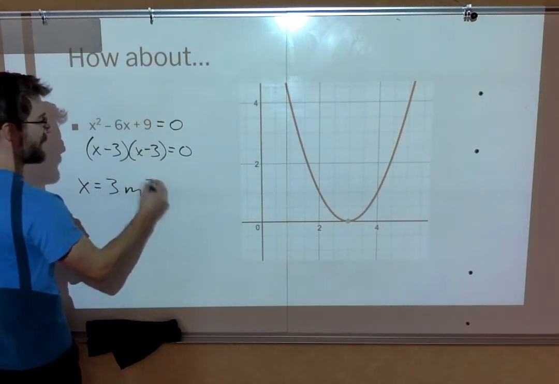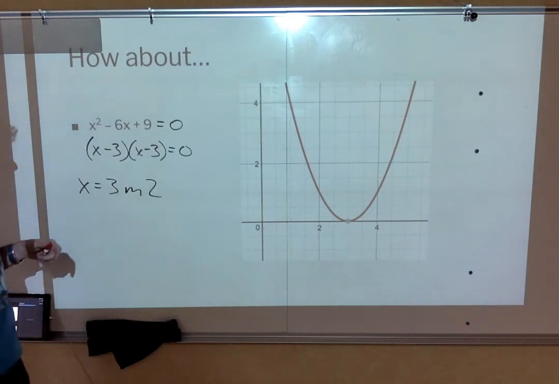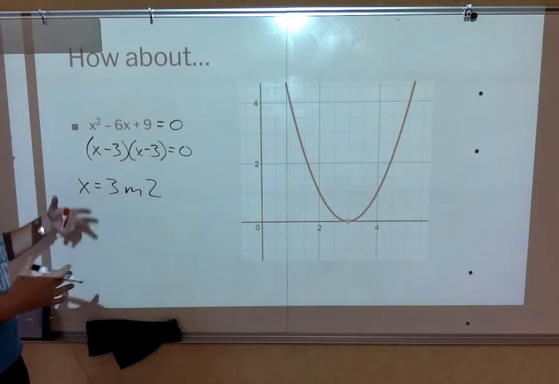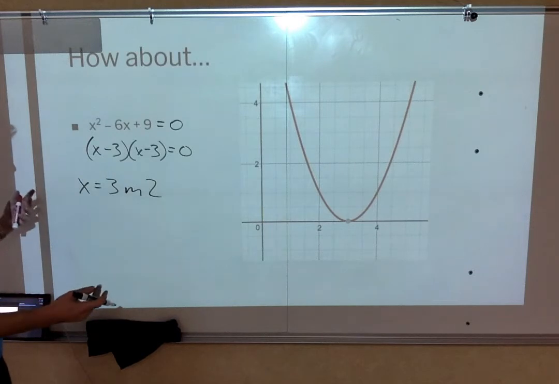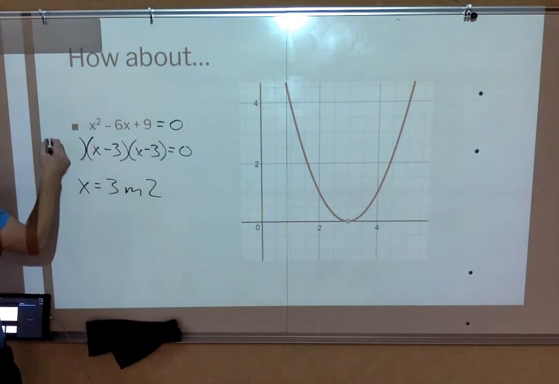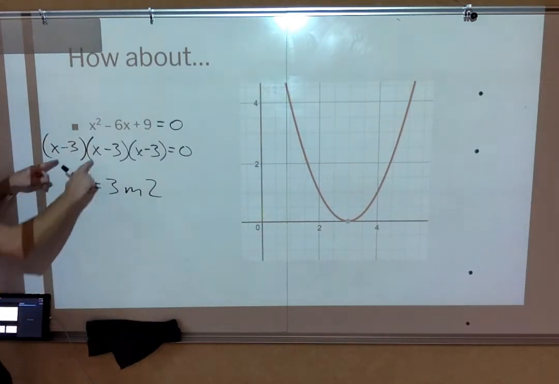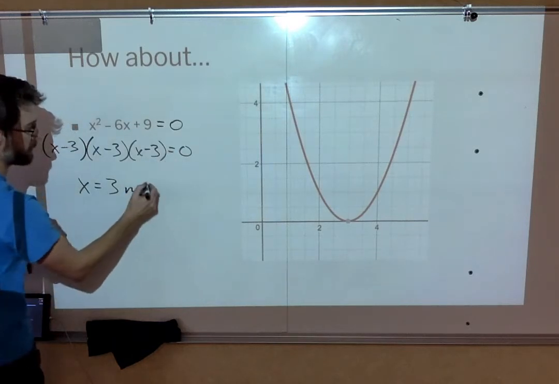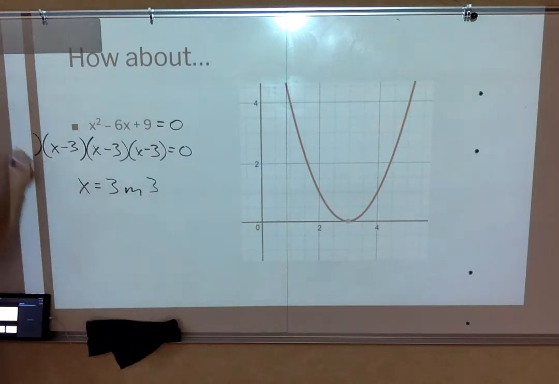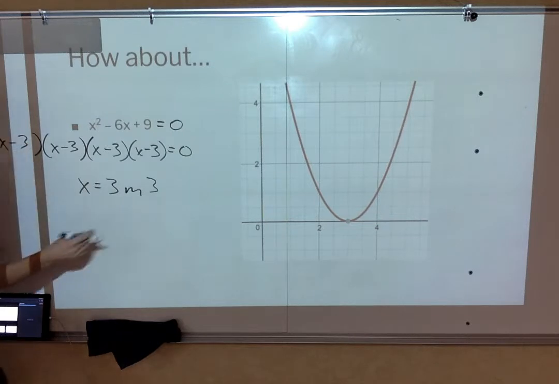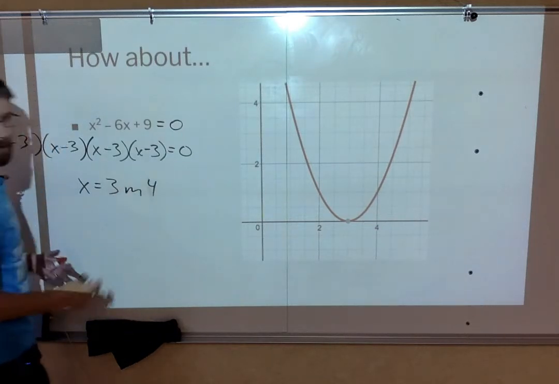So it would be 3m2, okay? And this pattern would continue if there were more x minus 3's. Let's say the factored form was this, where there were 3 of them. Well, then it would be 3 with a multiplicity of 3. If there were 4 of them, then it would be 3 with a multiplicity of 4, and so on and so forth.